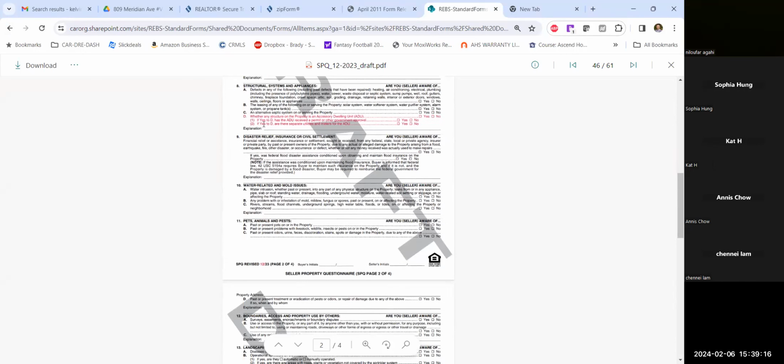And the only change in red you see here, does the structure have an ADU? Yes or no? Do you have knowledge of this? If yes, has the ADU received a permit? Yes or no? And do they have separate utilities and meters?